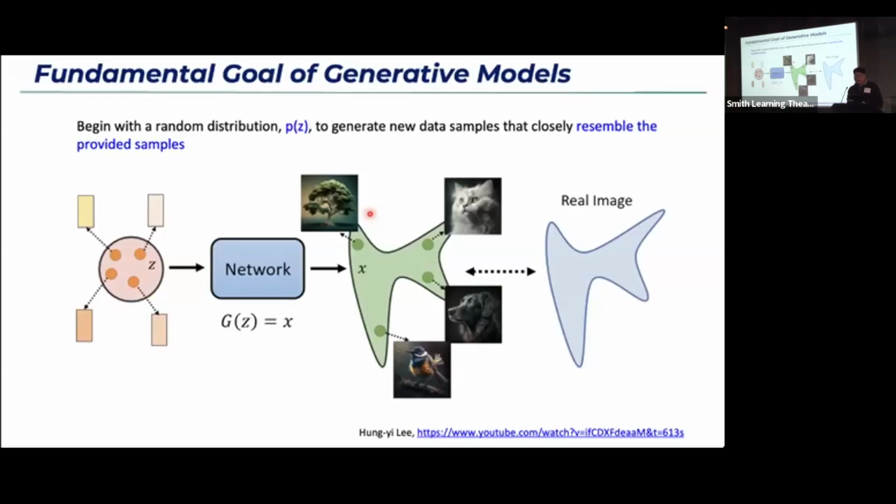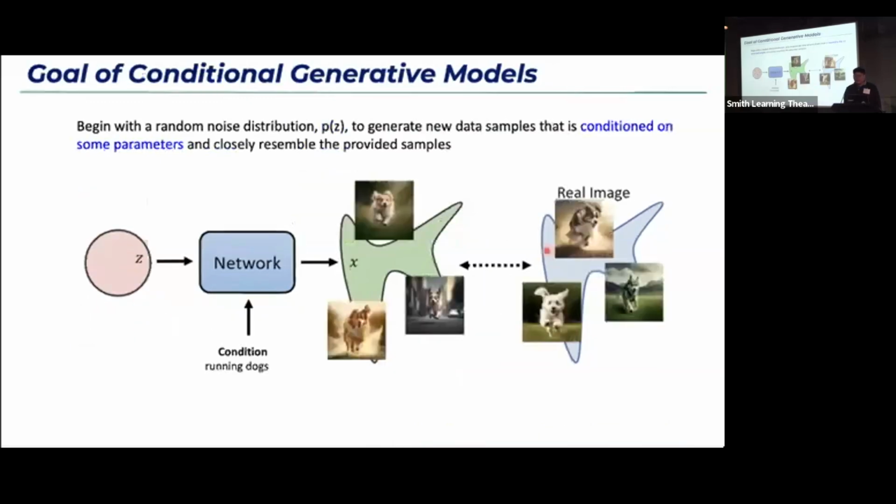We have G(Z) equals X. The goal here is for the network to transform that noise into new data samples, like images of trees or cats or birds that look almost identical to the real scene. If the model is trained well, then it learns to map that random input into a space that perfectly matches the distribution of real world images. Those are just examples of how and why it works.